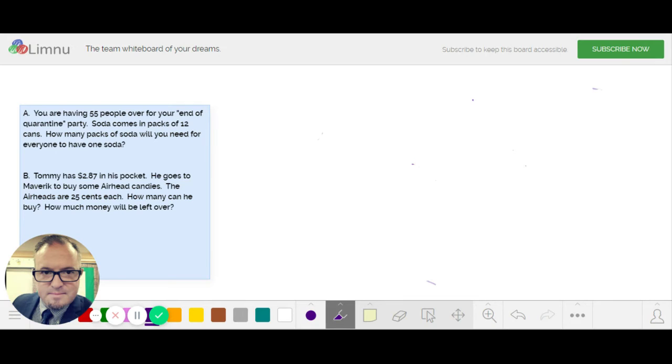Let's start with our dividend, which is how much money he has in his pocket. How much money does he have in his pocket? $2.87. I'm going to leave the decimal point out just to ease any confusion, because $2.87 is the same as 287 cents. We'll also leave the decimal point off of the 25 cents.